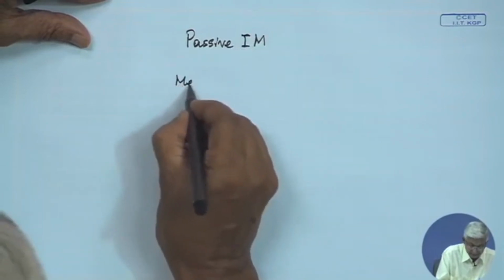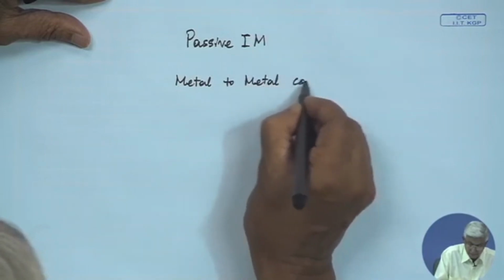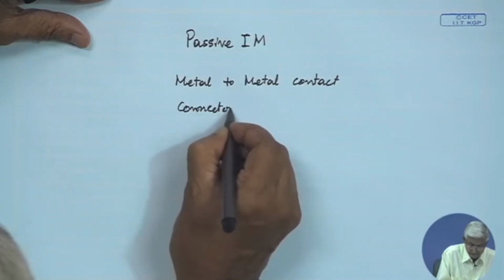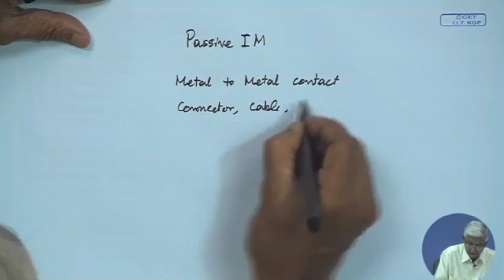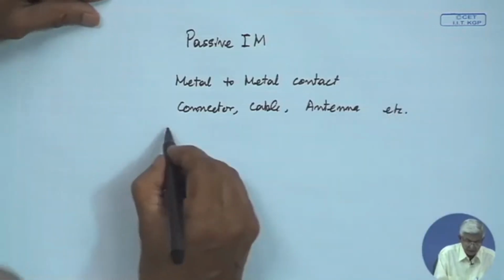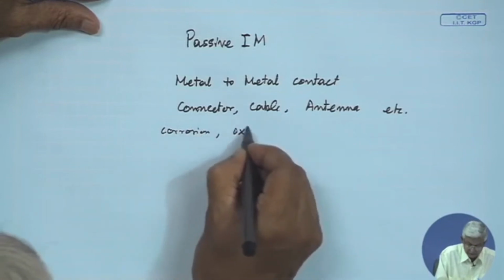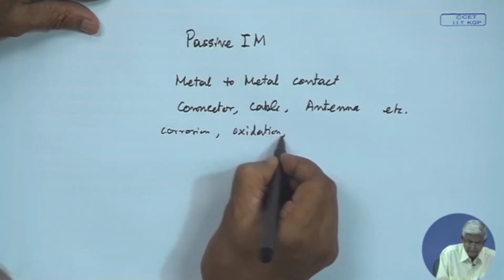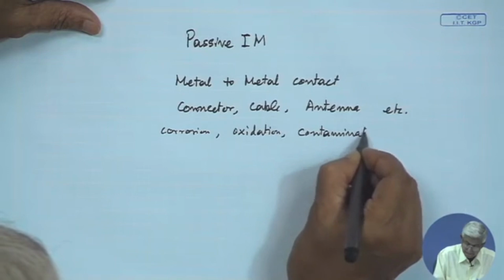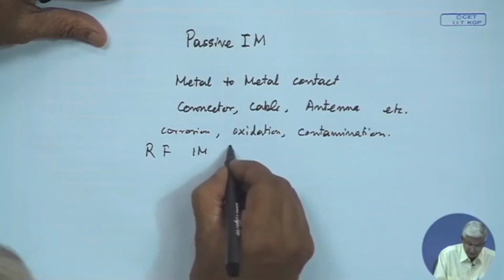When there is a metal to metal contact, like in connector, cable, input to the antenna, etc. Due to corrosion, oxidation, contamination, that RF intermod is generated.